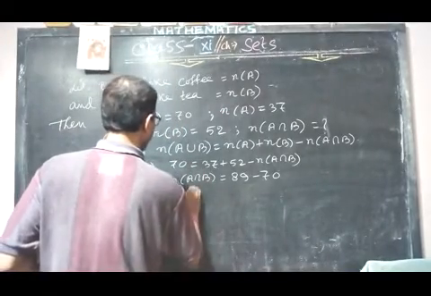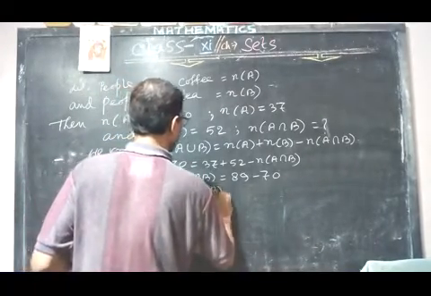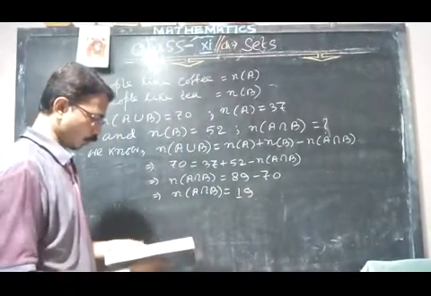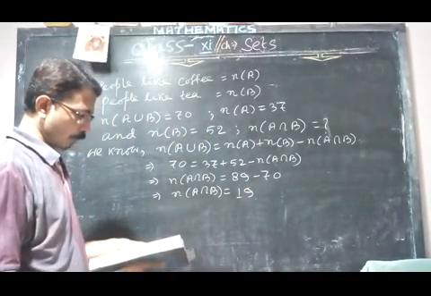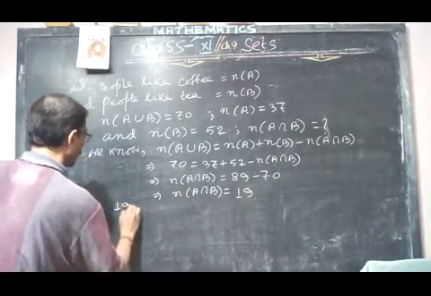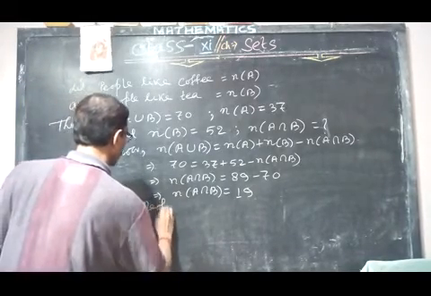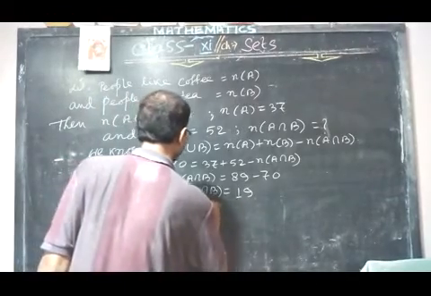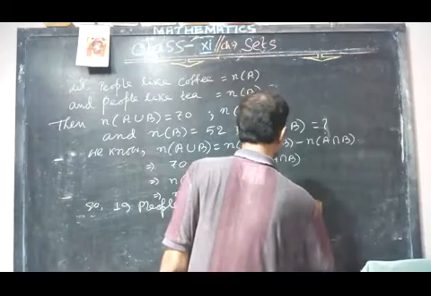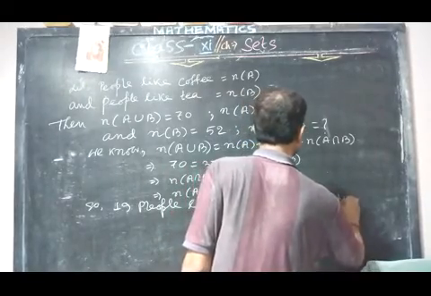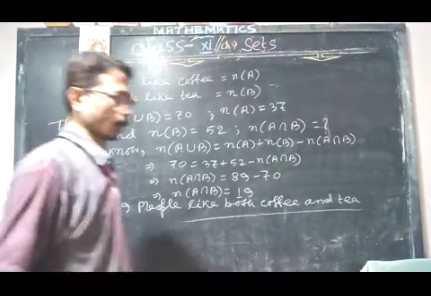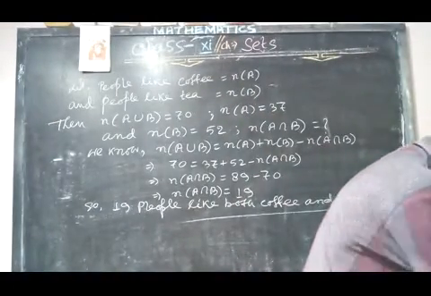So n(A intersection B) equals 19. Okay. So how many people like both coffee and tea? 19 people like both coffee and tea.